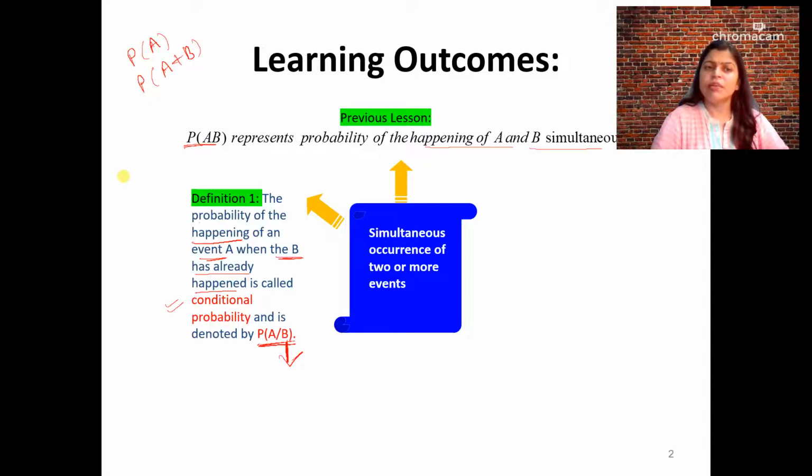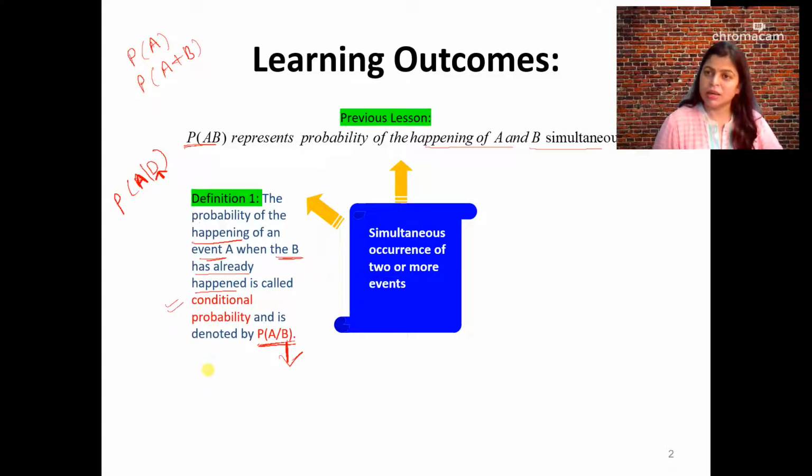So whenever it is written somewhere, say, P of A given D, you must understand that this is a conditional probability: D has already happened, and now we are looking for the probability of happening A. I hope this is clear.